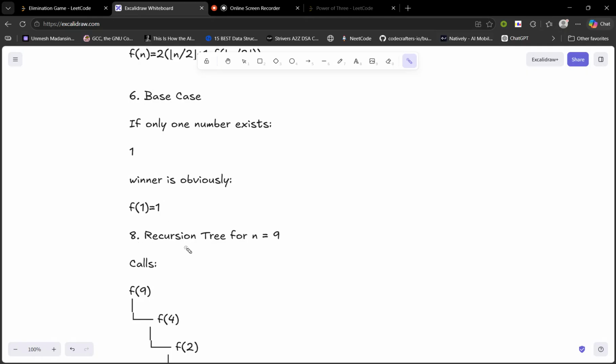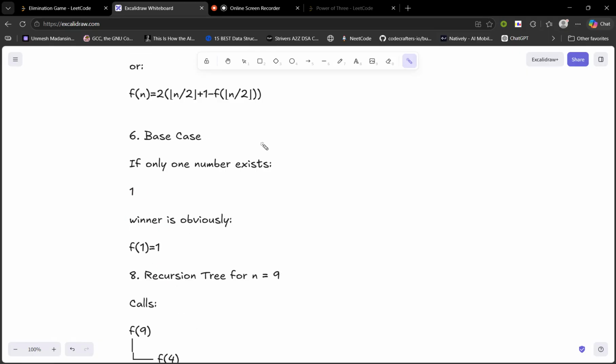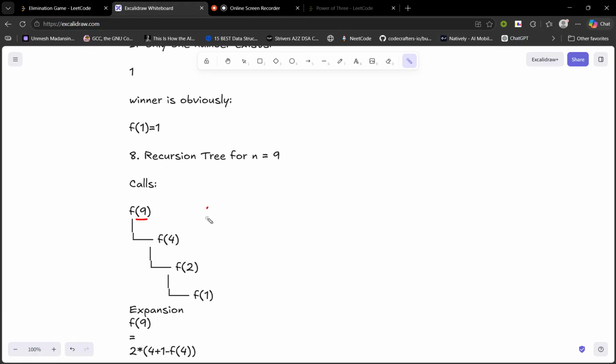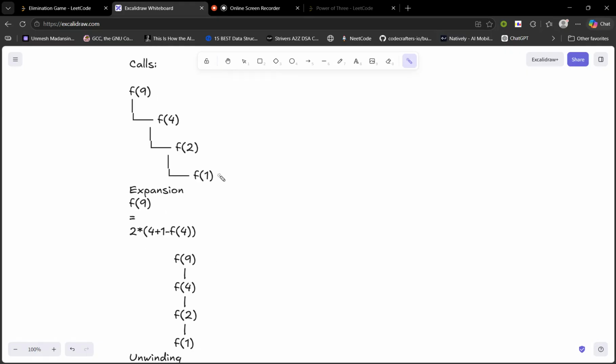So let us try a recursion tree for n equals 9. Here we are calling n by 2. So 9 by 2 is 4.5, we are taking the floor. So 4, then 4 by 2 is 2, and 2 by 2 is 1. As we hit 1 here, this will return 1.